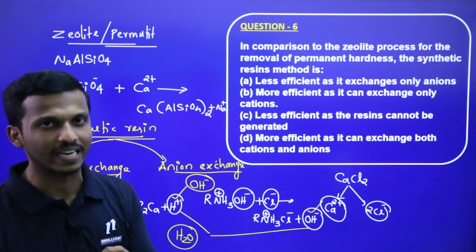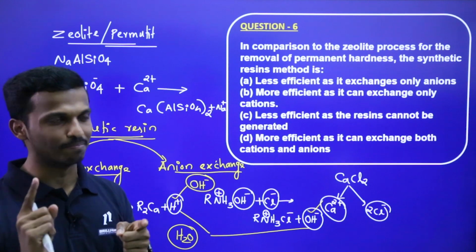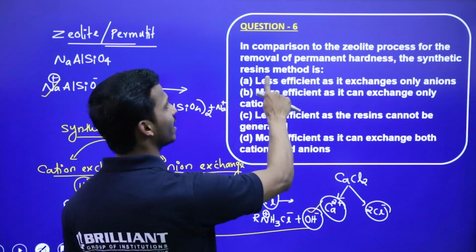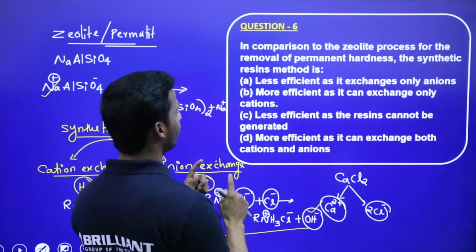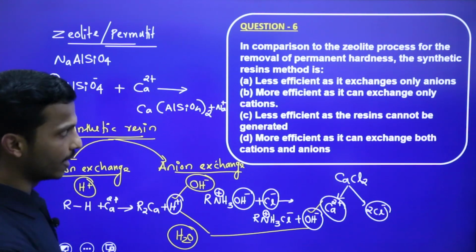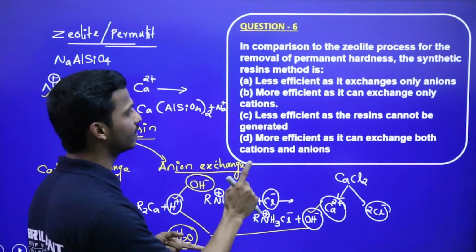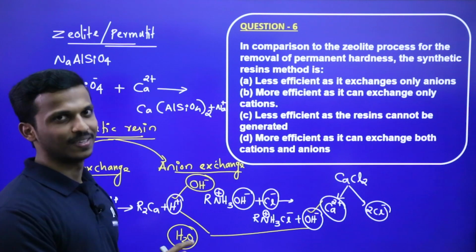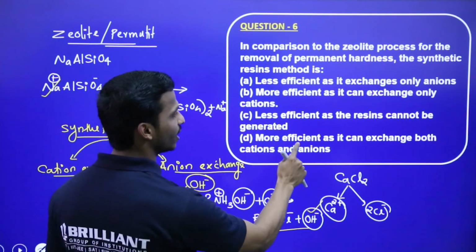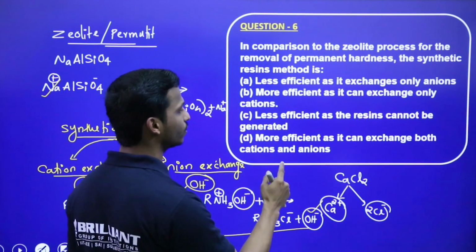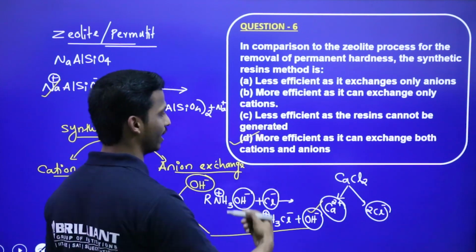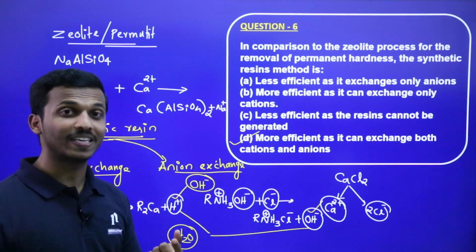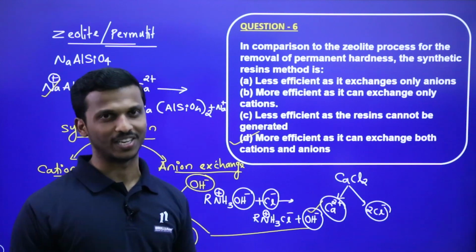Absolutely it is the synthetic resin method. So in comparison to the zeolite process for the removal of permanent hardness, the synthetic resin method is, what's your answer? More efficient, as it can exchange both cations and anions. That is the advantage of the synthetic resin method over the zeolite method.